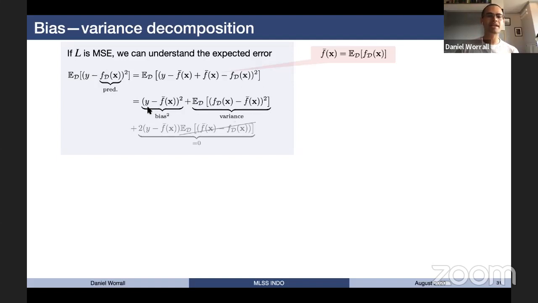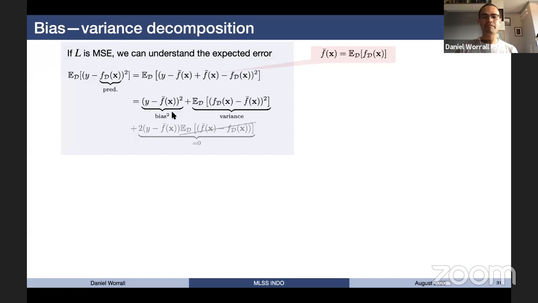The bias squared essentially says, how far away is my mean prediction from the true data? The variance says, every time I get a new data set, how different is my prediction from my mean prediction? So this says, how dependent is my model on the data set that I have?